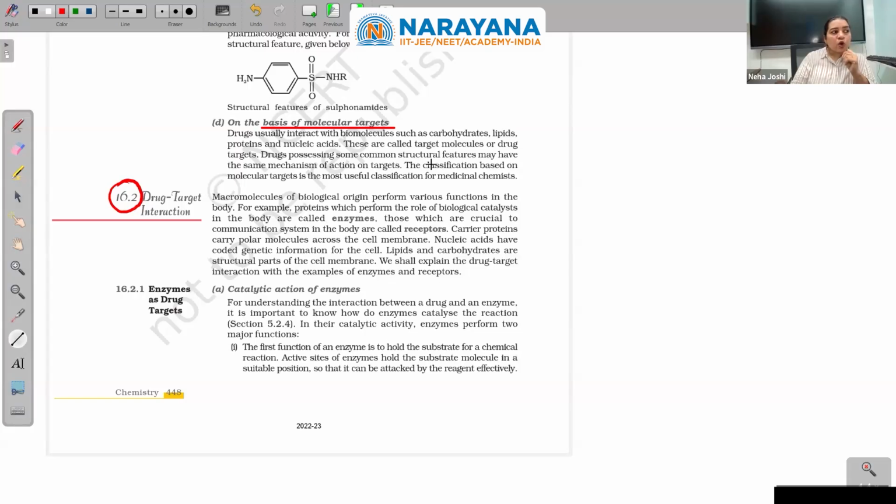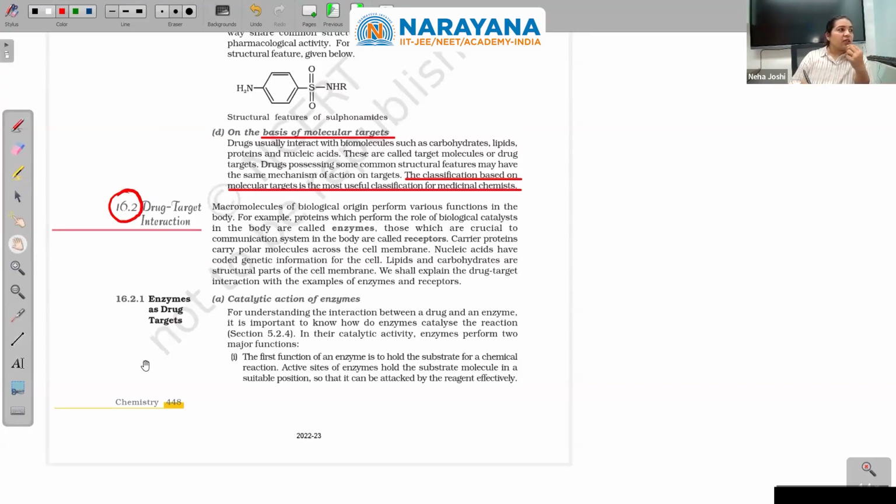Drugs possessing some common structural features may have the same mechanism of action on targets, and the classification based on molecular targets is the most useful classification for medicinal science. So they may ask which is the most useful: let us underline that the classification based on molecular targets is the most useful, for science or for the doctors.